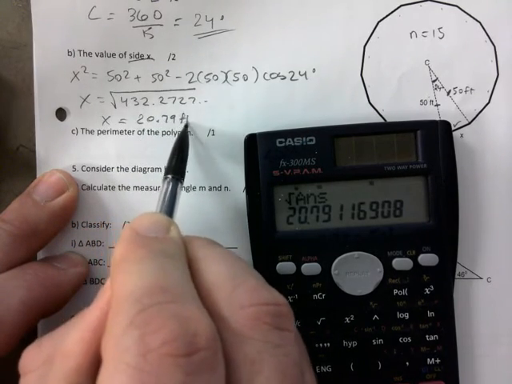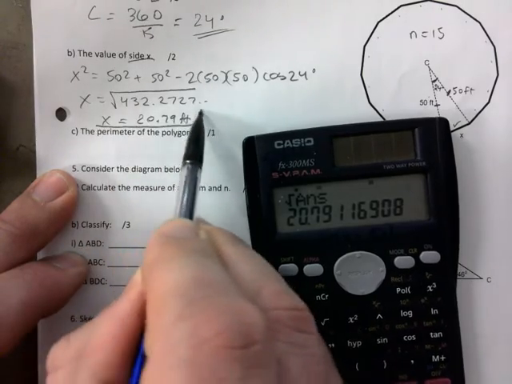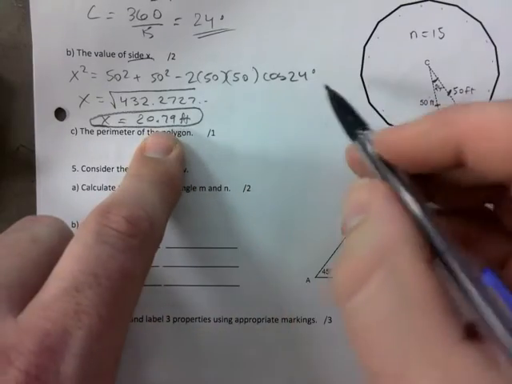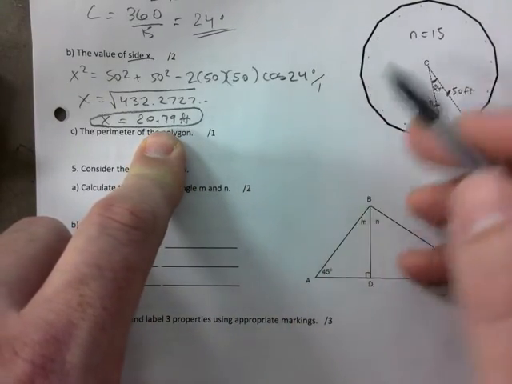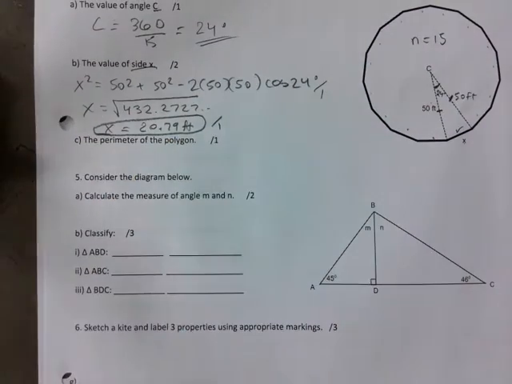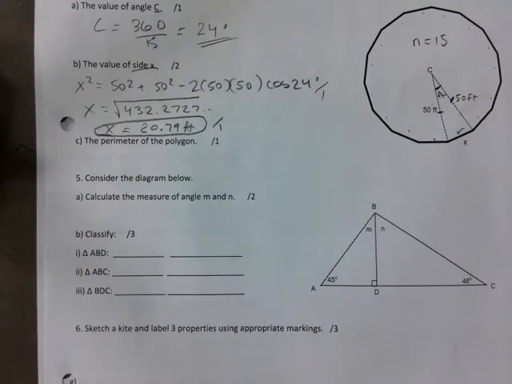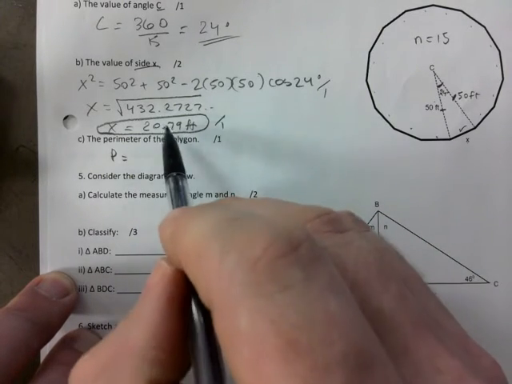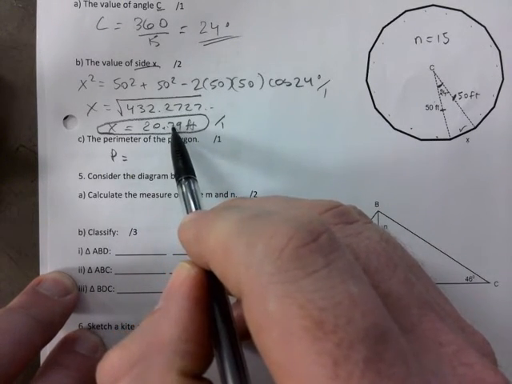And we are in feet, right? So you get 2 marks for that. I would say 1 mark for setting up your cosine law and doing the work, and one mark for getting the correct final answer.